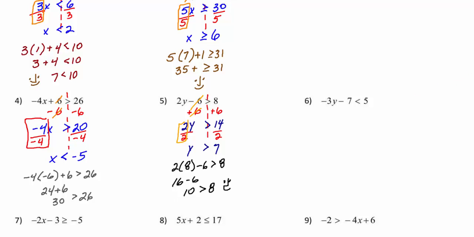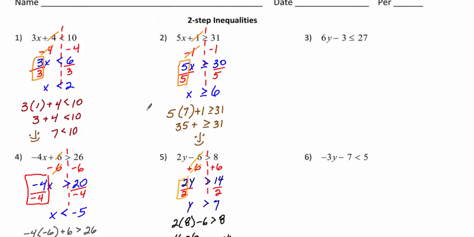Let's go back up and pick up number 3. So problem 3, same idea. Put my line down, and the first step is going to be to add 3 to both sides.